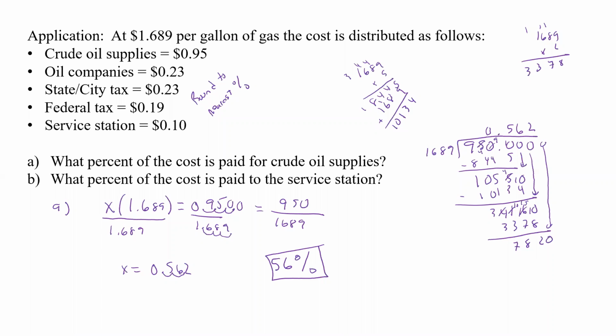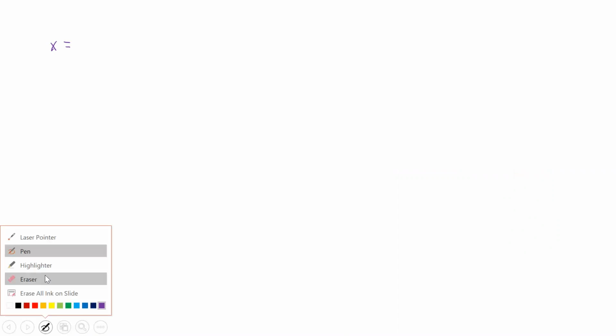Okay. Now B is going to be a different question. So it says, what percent of the cost is paid to the service station? Well, the service station is 0.10. So we're going to do the whole thing again, except this is going to be 0.1 instead of the 0.95. So what we have is x times 1.689, and that's equal to, and we said the cost for the service station was 0.10.